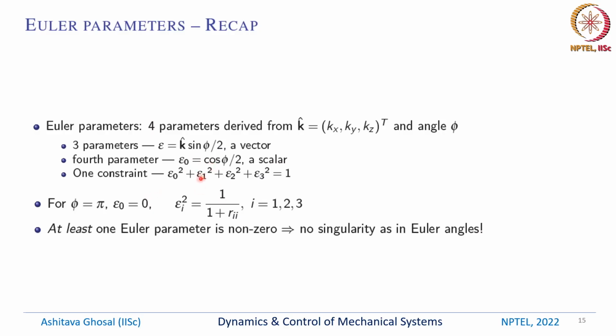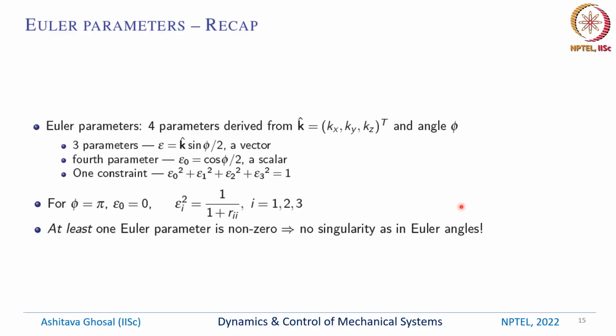Singularity means that I cannot determine all the Euler parameters. In the case of Euler angles, if there was a singularity, we saw that we could only determine theta 1 plus or minus theta 3. So 2 of the angles cannot be determined uniquely.